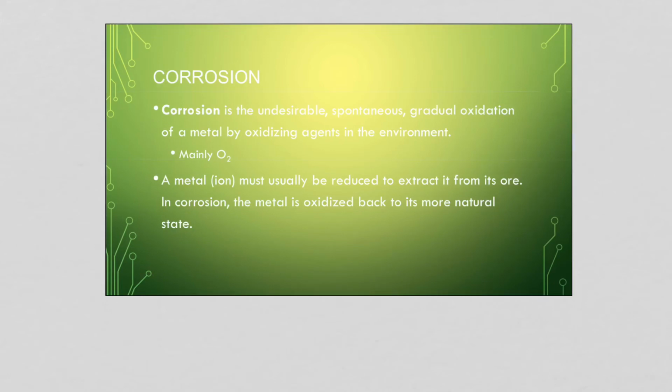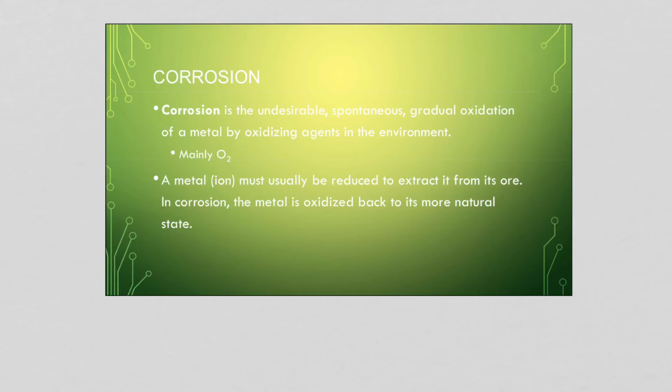So the last little topic that I want to look at is what we call corrosion. Corrosion is essentially unwanted redox chemistry. All the stuff we've been looking at is reactions that we're trying to get to happen. We're trying to get this voltaic cell to run. We're trying to get this electrolytic cell to run.